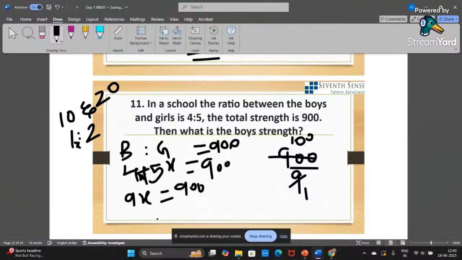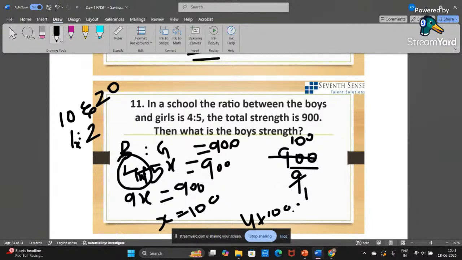So x equals 900 by 9, which is 100. Now they told you to find out the boy strength. Your boy strength is 4x, so you have to substitute your x answer here. 4 into x, where x is 100, so it is 400. 400 is your answer.